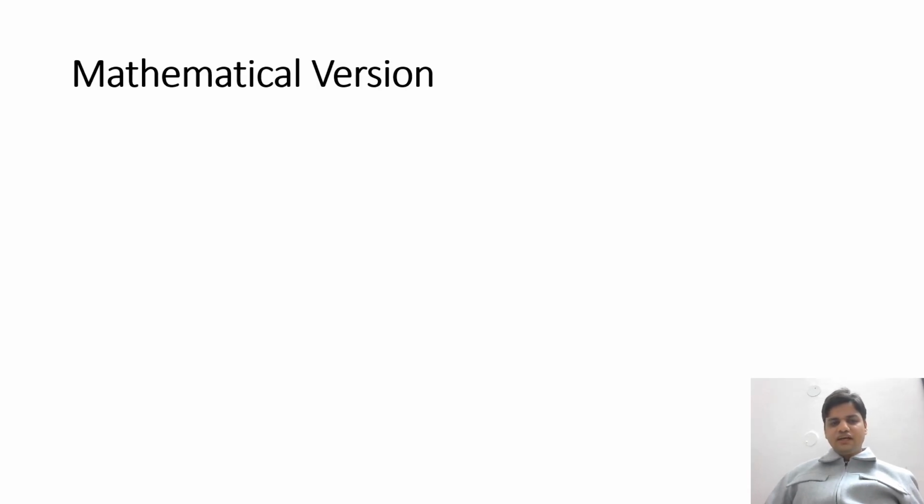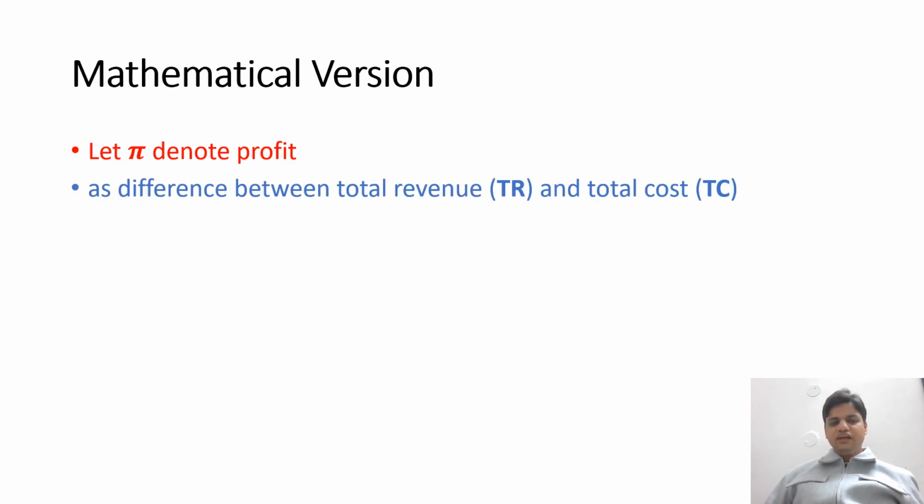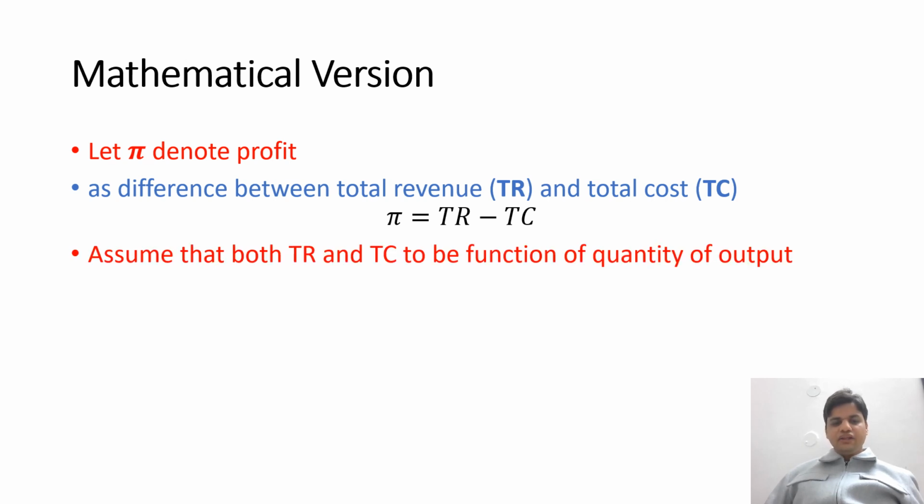Now coming to the mathematical version. Let pi denote the profit, then it is denoted as the difference between total revenue and total cost. So pi is equal to TR minus TC. Now assume that both TR and TC are functions of the quantity of output. So TR is equal to R(Q), where R denotes the revenue function.